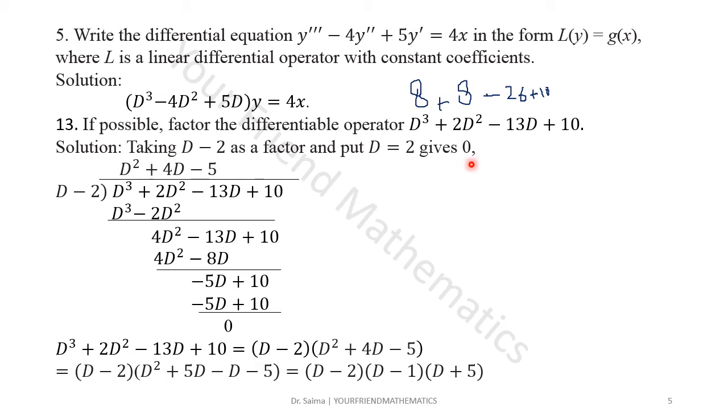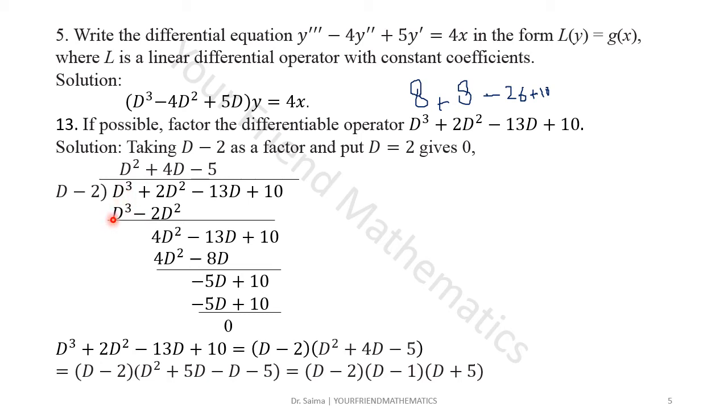Now to get the other factors, we will divide this polynomial by D minus 2, the first factor. So it is a long division. To get D cubed, we multiply D by D squared, and then we get D cubed, and then we multiply minus 2 with D squared, we get minus 2D squared. Then we subtract these two.